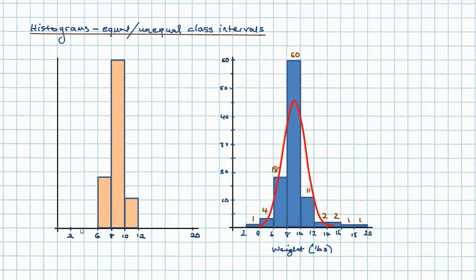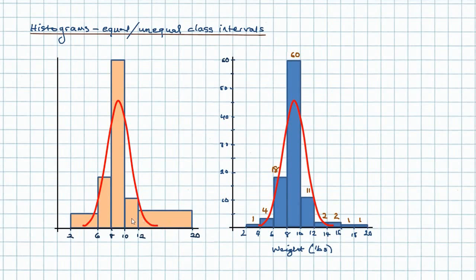If we add together 1 and 4 to make 5, and draw this up to here, and add this 2, 2 and 2 again, so we've got 6 cats here, and draw it up to make 6, then when I overlay my normal distribution curve, it looks like the data isn't normally distributed. That's because we would expect the data to drop off at the tails. If it's not dropping off, we call this fat-tailed behavior, and we might suspect that we haven't got normally distributed data, and that wouldn't be correct.